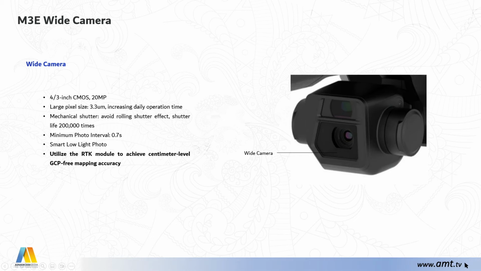And the other game changer is the photo interval, or how quickly the drone can take a photo. It's 0.7 second. It's the same as the Matrice 300 with the P1. So imagine if the drone is flying at a speed of 15 meters per second, okay?